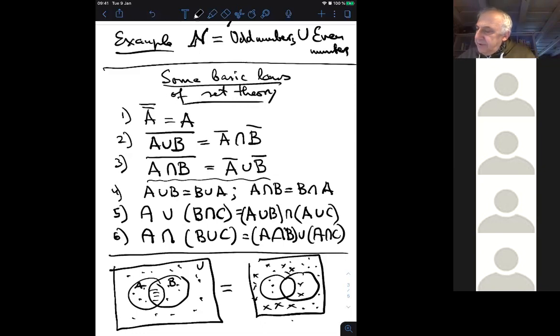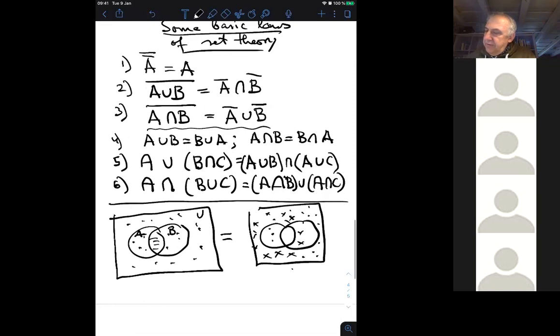This is an illustration of the proof, and the formal proof would be as follows. So what is the complement to the intersection? We're taking the intersection and taking the complement. What is that? These are all x in our universe such that they are not in the intersection.